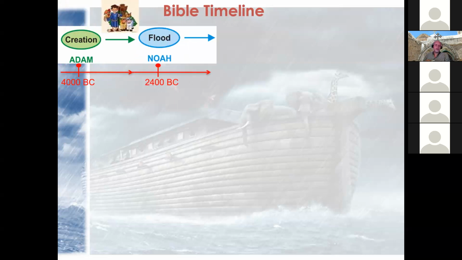After the creation, about 1,500 years later was the event of the flood, when Noah built the ark. And why did this happen? Because the people became very evil, and we will talk about that, God willing, next time.